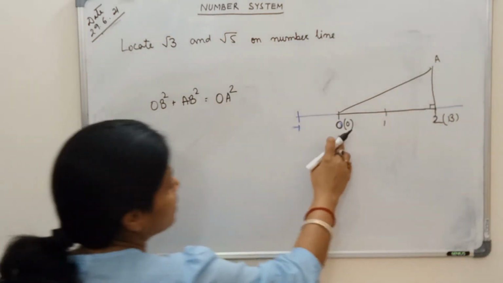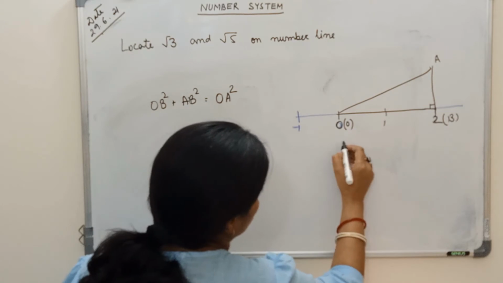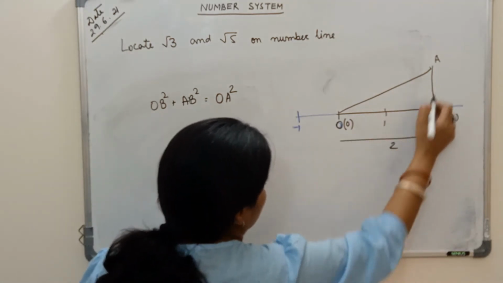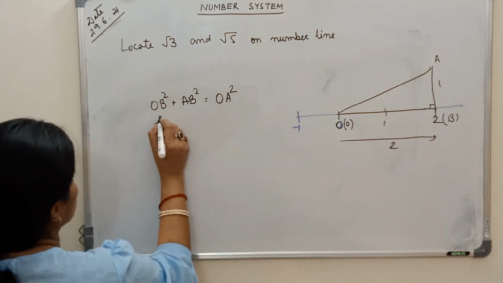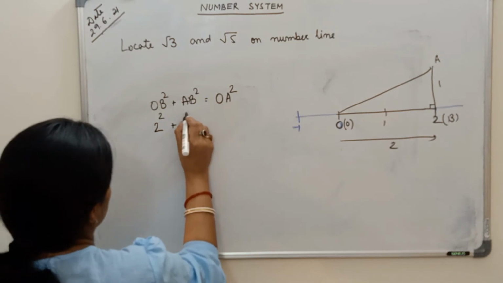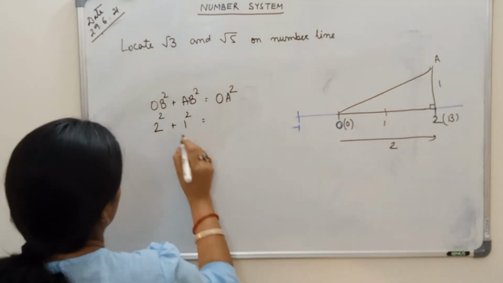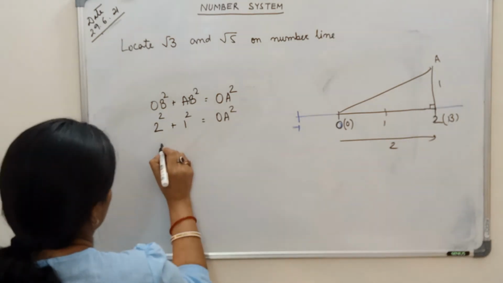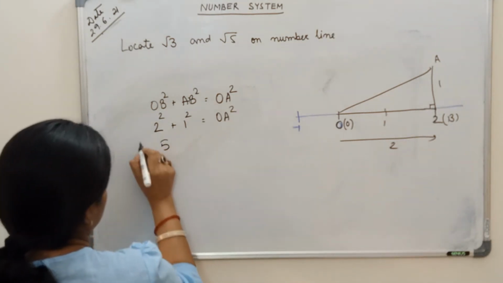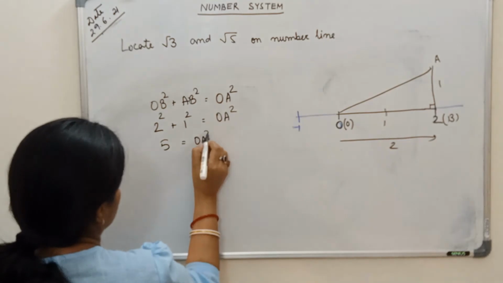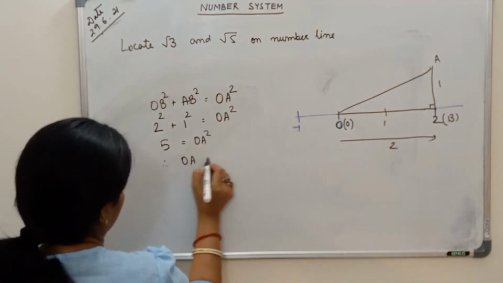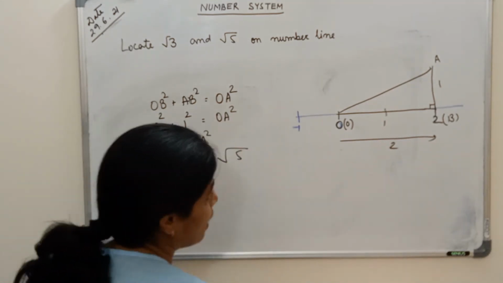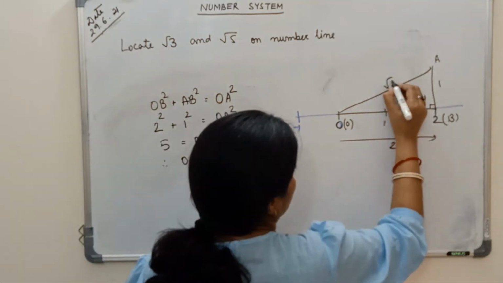So what is OB here? OB is 2 units, and this is 1. So 2 square plus 1 square is equal to OA square. What is 2 square? 4, plus 1, that is 5. 5 equals OA square. Therefore OA is equal to root of 5. So this will be our root 5.